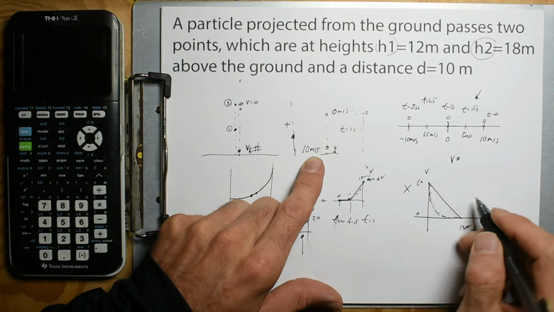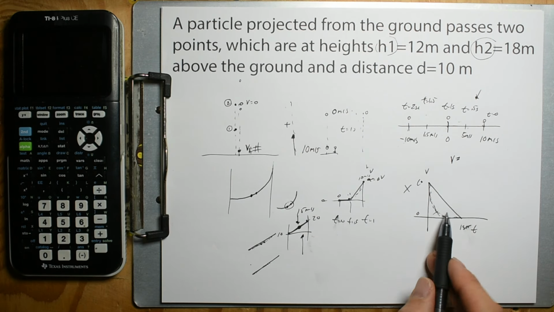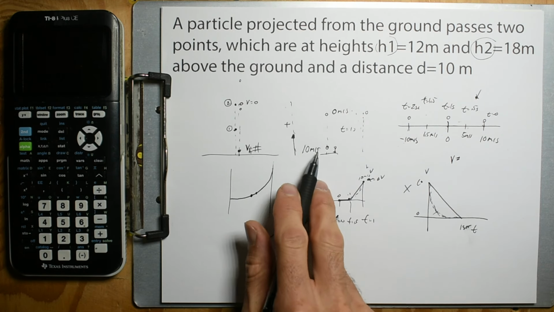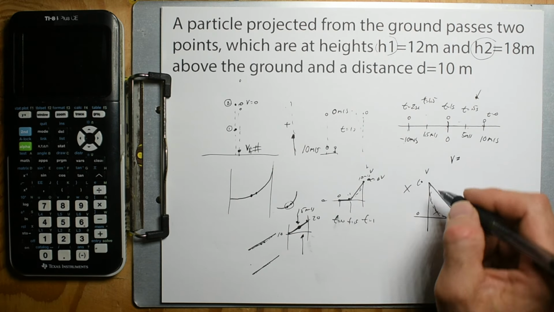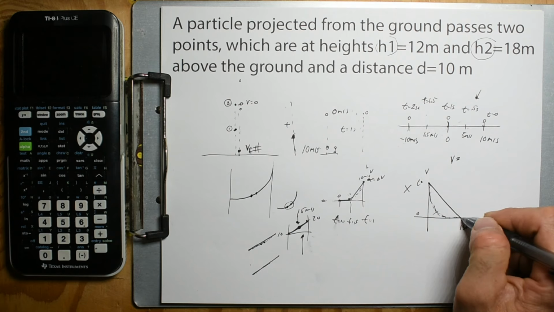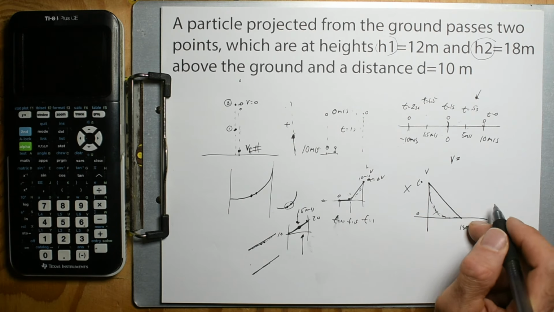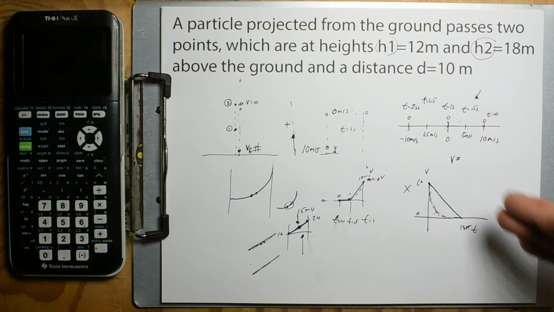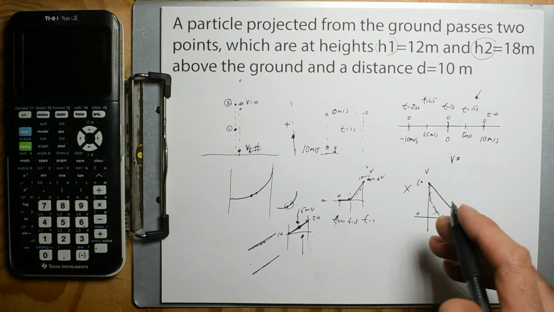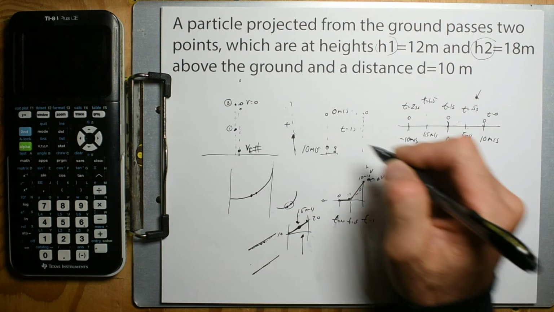You know what I mean? And no, it doesn't do that for free fall. So that is the most useful thing for projectile problems: you have constant change in velocity. It's a linear relationship.